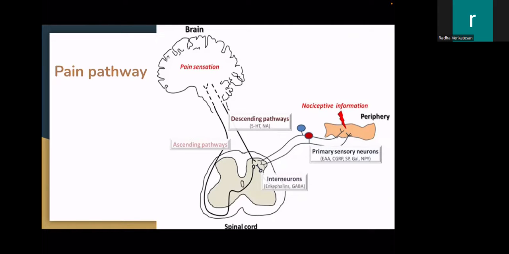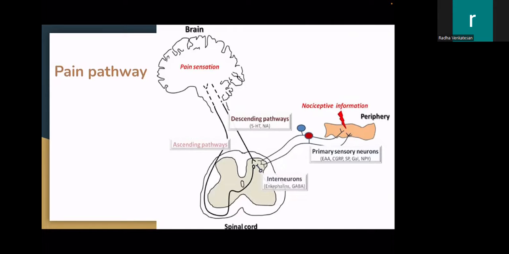That information is carried by the ascending pathways, like the nerve fibers. You have different types of nerve fibers, small fibers, big fibers, C fibers, A fibers. And then they go to the spinal cord. In the spinal cord, you have the dorsal column where some interaction and connections take place. Then, with pain, it always passes on to the opposite side.